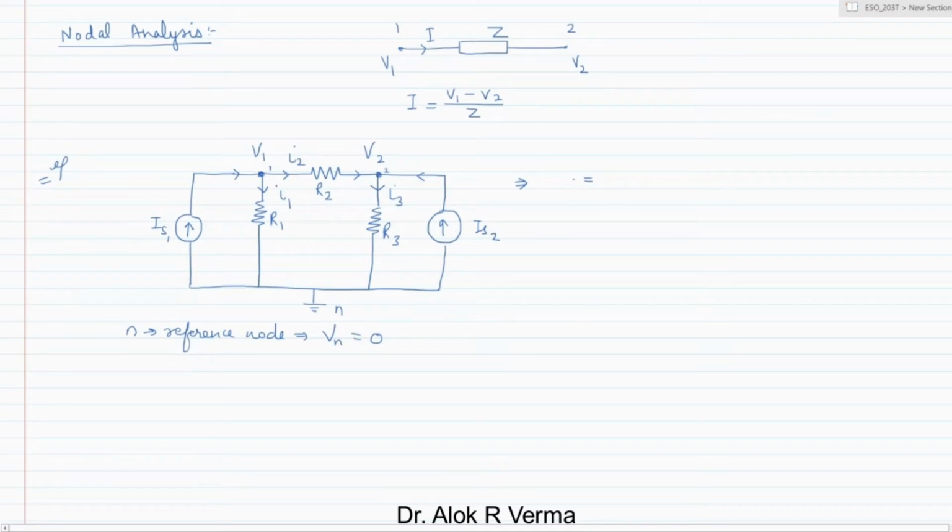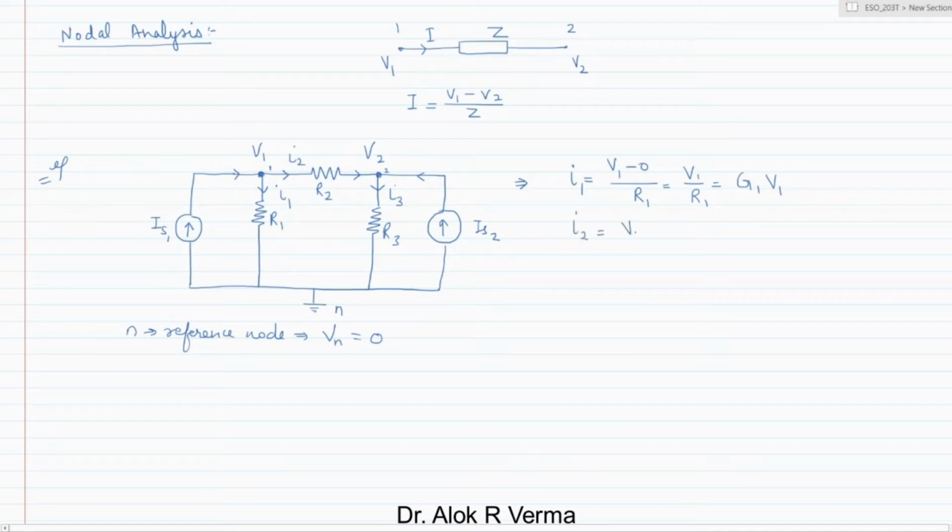From this circuit, if you try to find the value of I1, here I1 will be (V1 minus 0), the reference node, by R1, which is nothing but V1 by R1, and 1 by R1 is nothing but the conductance, right? So this is G1 into V1. Similarly, what is I2?